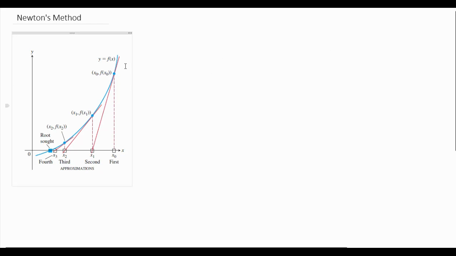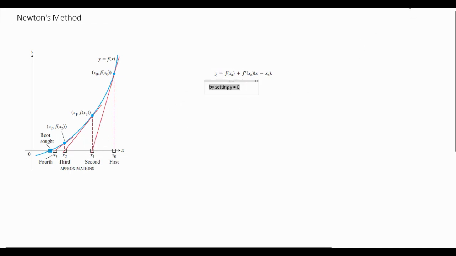First we have a point-slope equation of the tangent, that is y equals f(xn) plus f prime(xn) times the change in x. Now we find the point where this y equals 0, that means this x1.